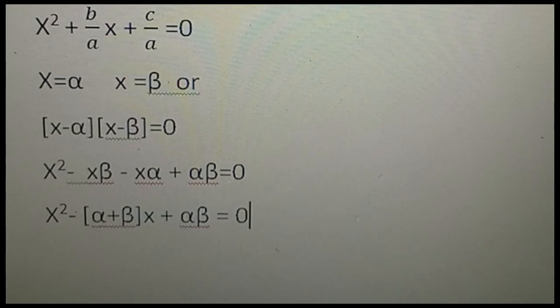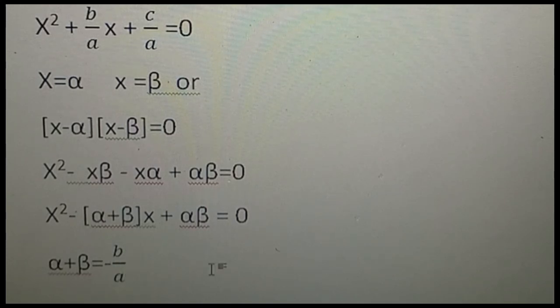As you can see from the first equation, where we divided both sides by a, here is b over a, and here is alpha plus beta. So we can see that alpha plus beta is equal to negative b over a.